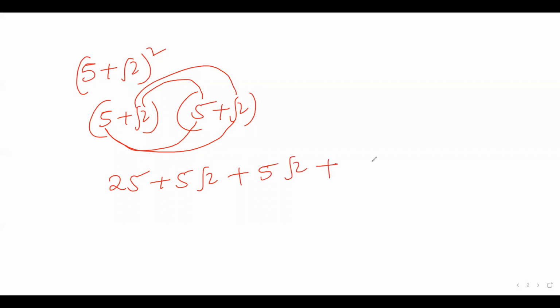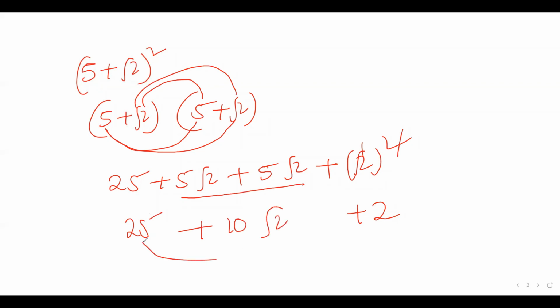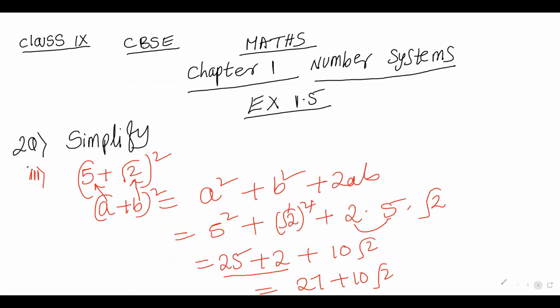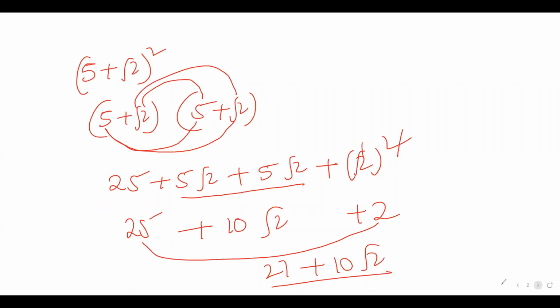Root 2 into root 2 is root 2 square, square and root cancel, 2 will remain. 5 root 2 plus 5 root 2 gives 10 root 2. You can add the numbers, 27 plus 10 root 2. Even if you multiply, you will get 27 plus 10 root 2.